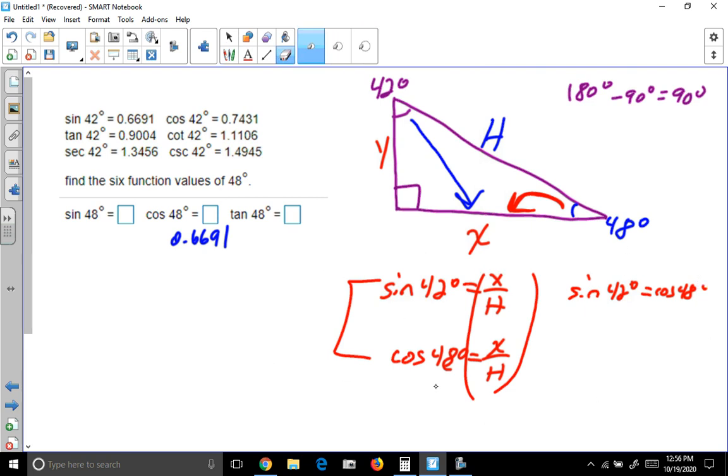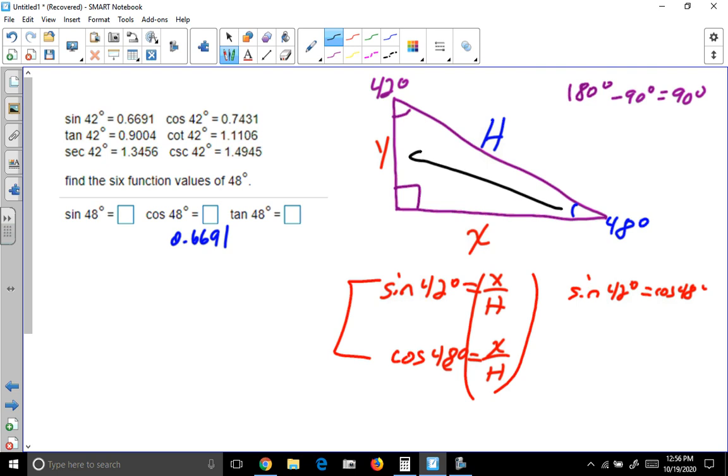All right, let's look at the next one, or the first one, sine of 48. So from 48, sine is the opposite, so y over the hypotenuse. Well, that's from 48 degrees.